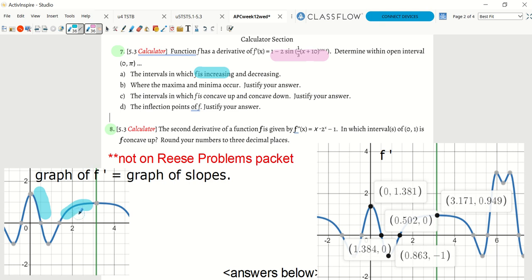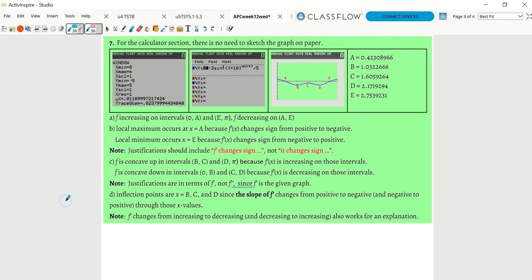It's where both of these blue areas are where the slopes are positive, so that's where f is increasing. And so that is why between 0 and 0.052 is this blue, and between 1.384 and 3.17 is right here, and that should be matching up on the answer key.